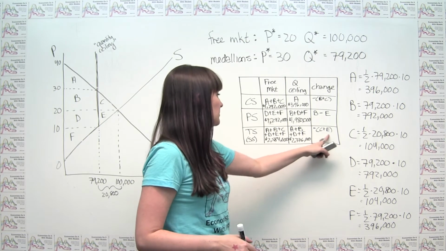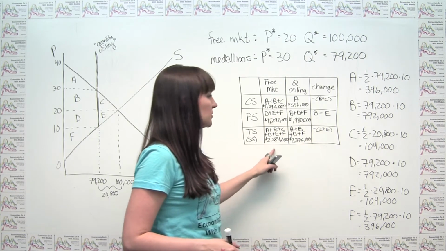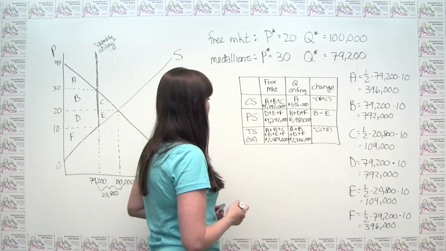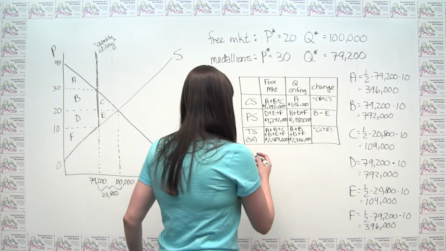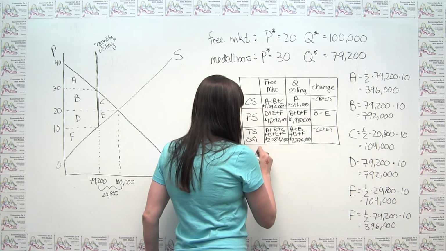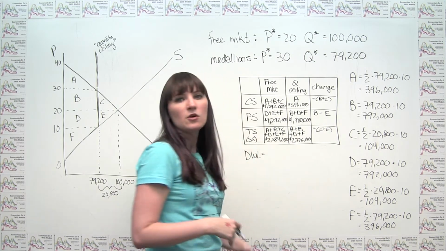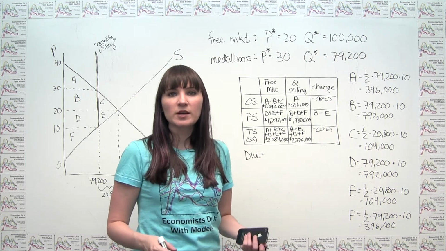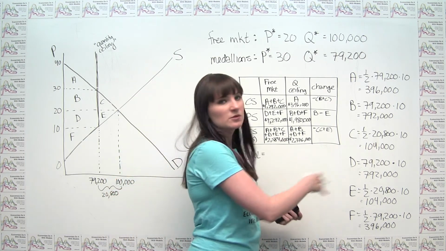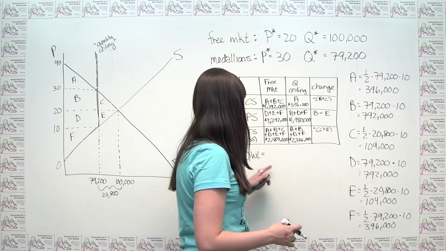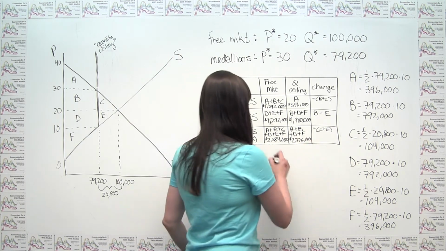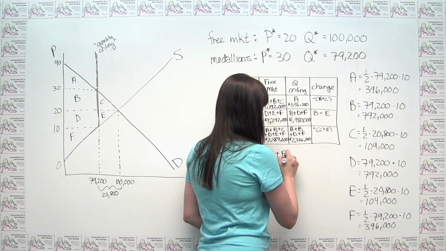That we're not capturing this surplus that we used to capture in the free market. So in more technical terms, we could say that our deadweight loss, which is the reduction in total surplus experienced by some sort of market distortion. So that deadweight loss is then just going to be C plus E.